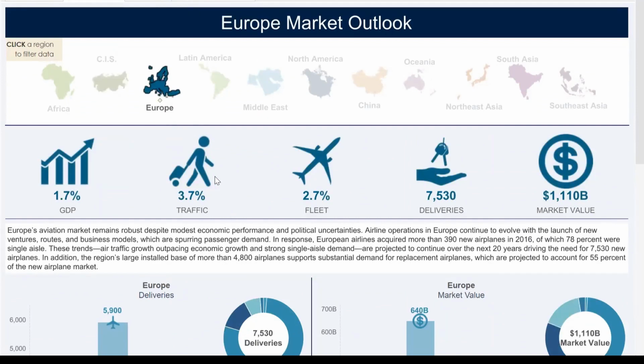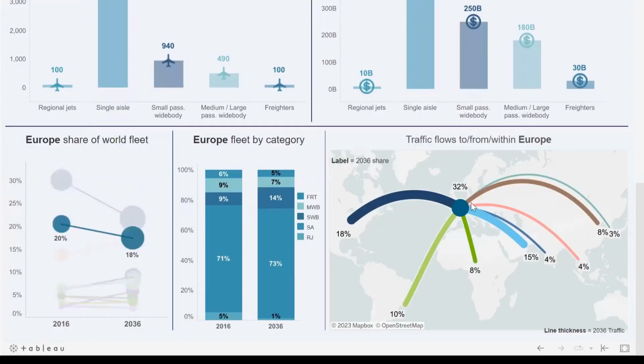The total market value of the company in the European market is 1.1 trillion. The GDP is 1.7%, and in each year we have 7530 deliveries. And this is an interesting visualization.